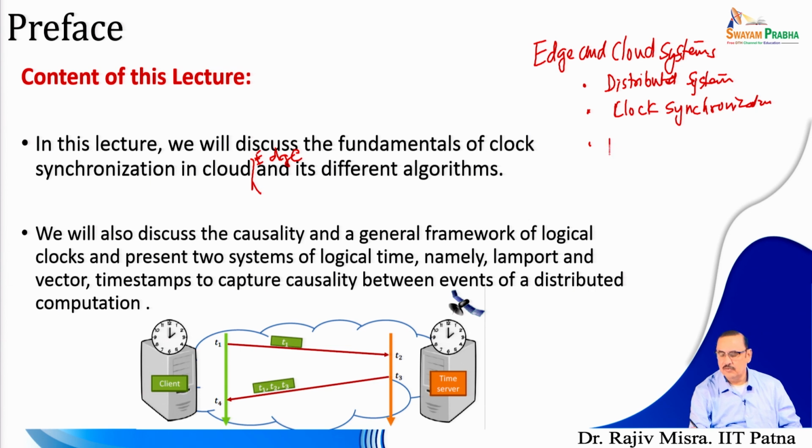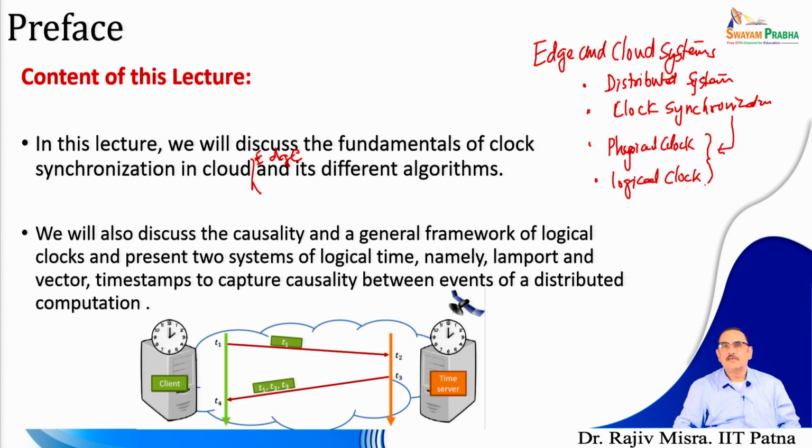There are two methods. One is called the physical clock synchronization, and the other one is called the logical clock synchronization. So, we are going to discuss these clock synchronization.